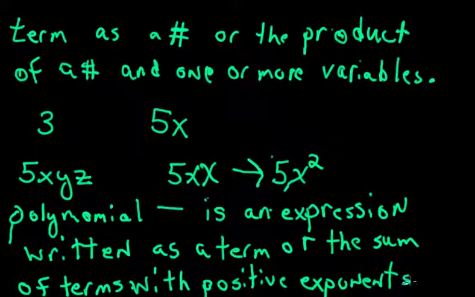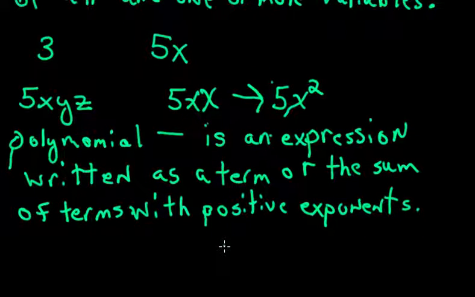And now, if we remember our quotient rules, positive exponents means there's going to be no variables divided. So you should see no variables downstairs in a polynomial.